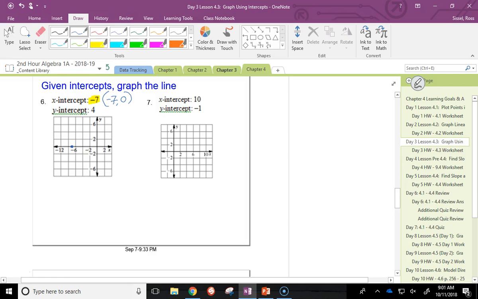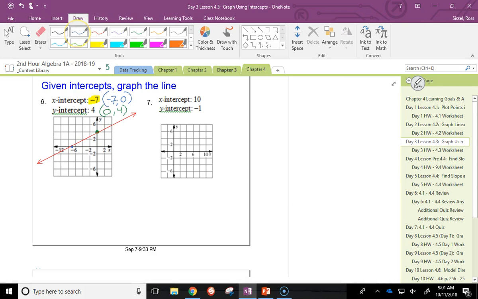I look for my y-intercept. It is 0, 4. It told me on the y-intercept I cross at 4. That's right here. Now I graph the line. It's just connecting the dots. I use the line tool. Let's see if it works. And that's all you had to do.